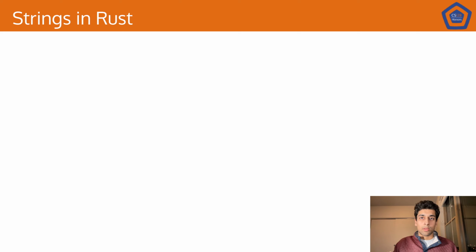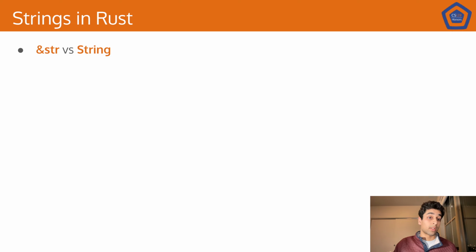Okay, so I'm going to quickly talk about strings. There are two types of strings in Rust that we will be working with. There are many more different types, but these are the two that we'll be covering in this course. There's the &str, also called a string slice. That'll be more apparent why it's called a string slice in a future lecture. And there's the capital S String type, which is a struct.